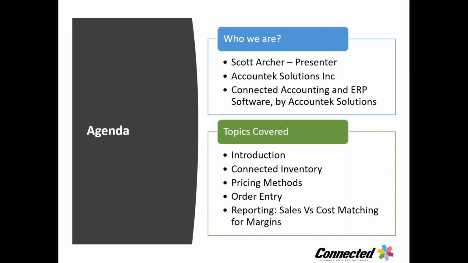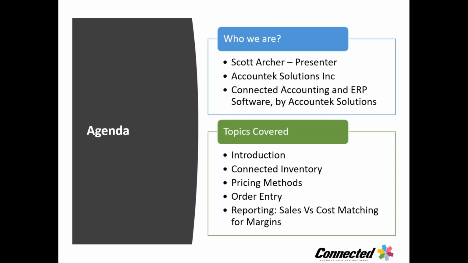We are from the company Account Tech Solutions, and the product is Connected Accounting and ERP. Often we get that mixed up. People call it the Account Tech software or the Connected Company and so forth. So that's just the way that we define it, the connected accounting and the ERP software by Account Tech. So we're going to cover a few topics today.